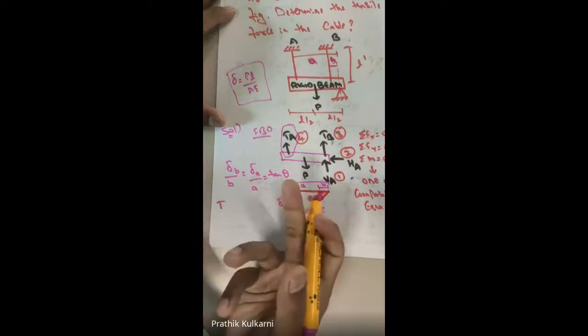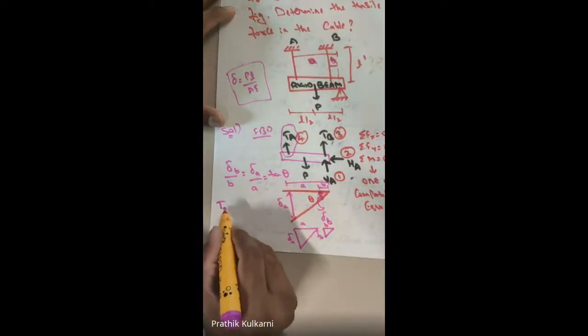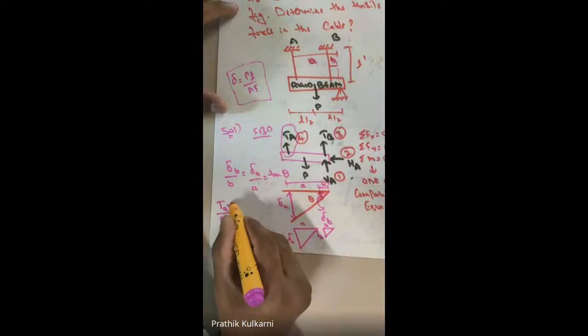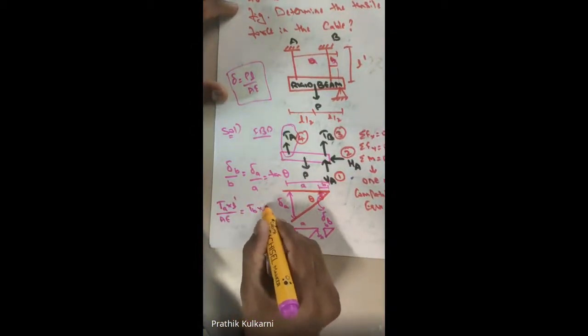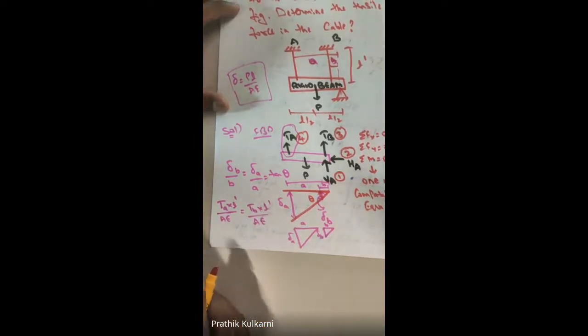If you are taking A, or if you take B then TB, your choice. So TA by AE into length. What is the length of the cable? Length of the cable is L1, L dash, which is equal to, can I write as TB into L dash by AE? Yes or no?